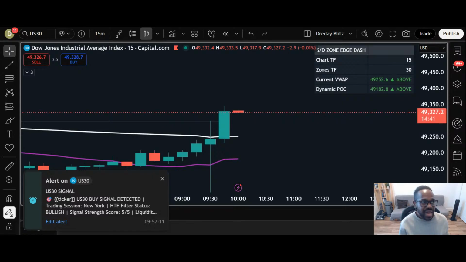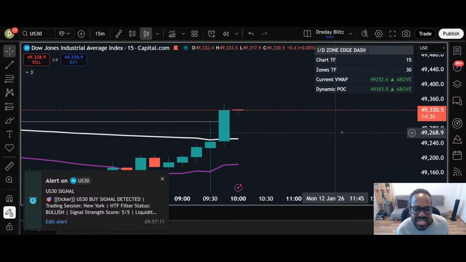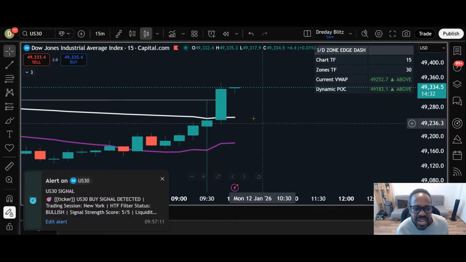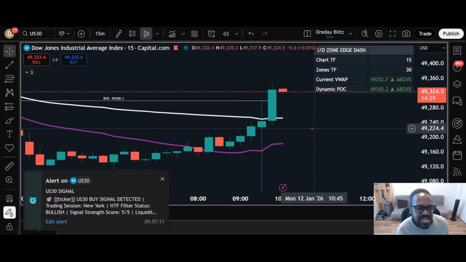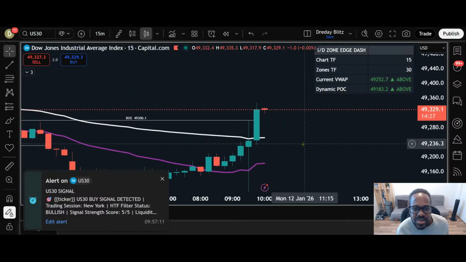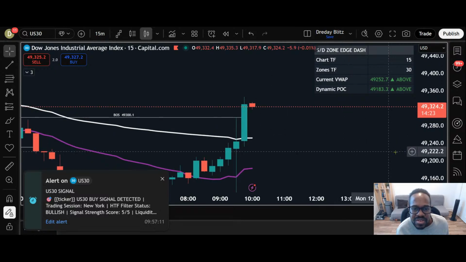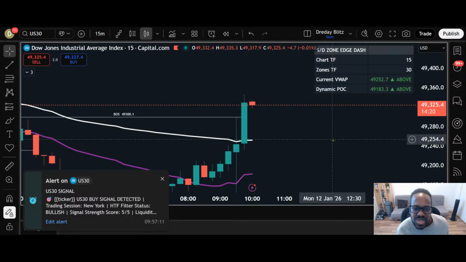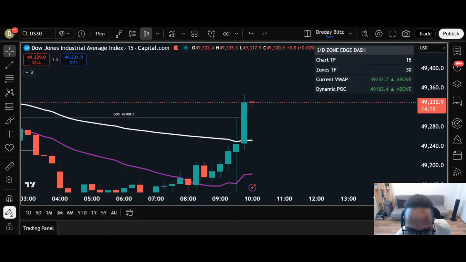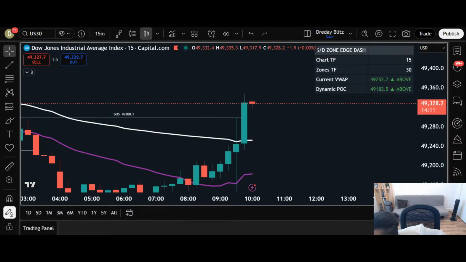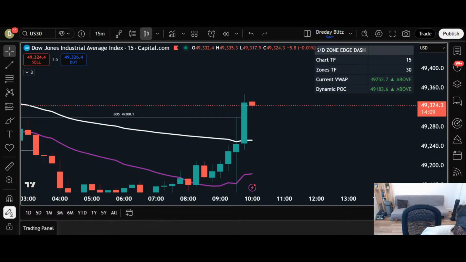The reason why I'm expecting it to push is that we see the VWAP POC is bullish right now, because the price is above those two lines. We have a break of structure right here, so we may have a retest to that zone, and start to have a continuation here to the upside.